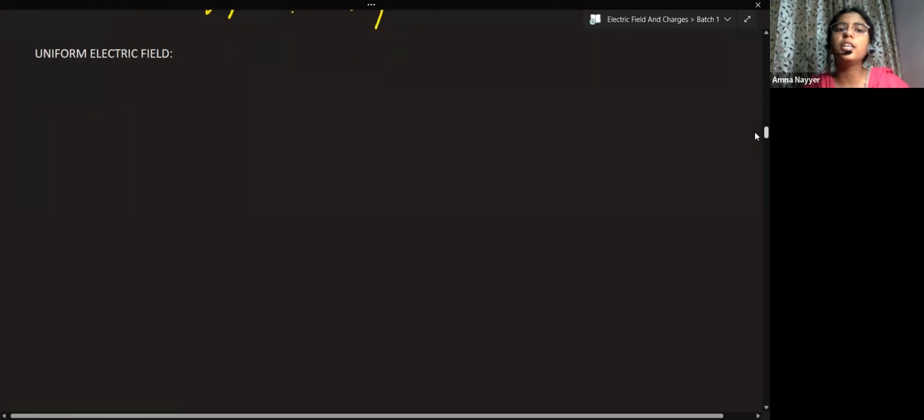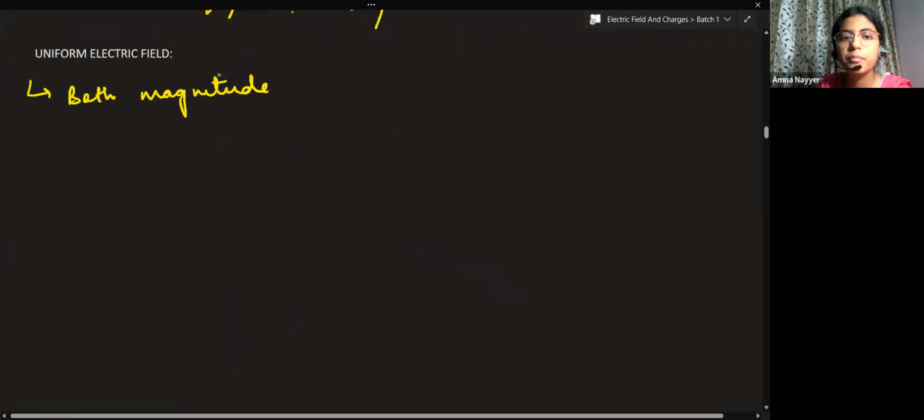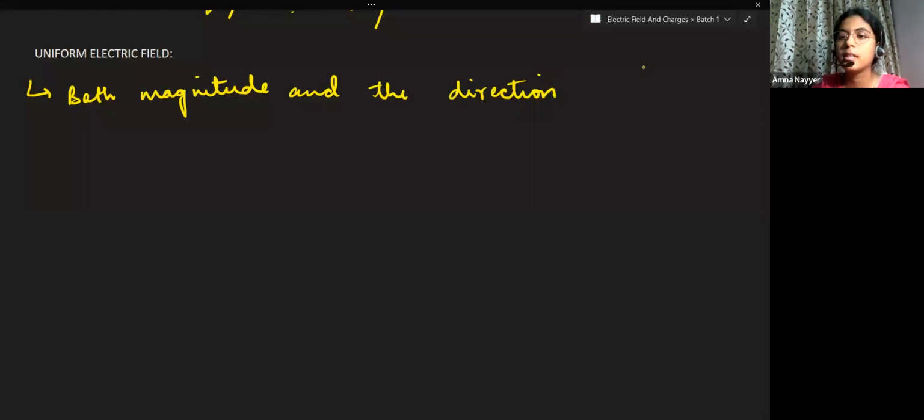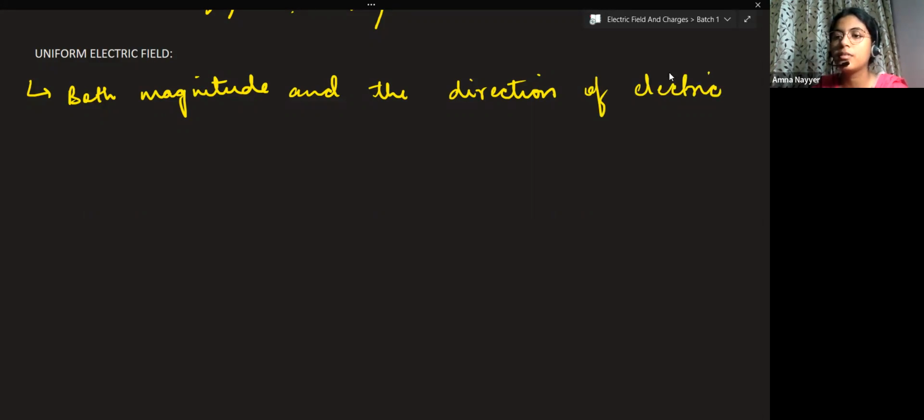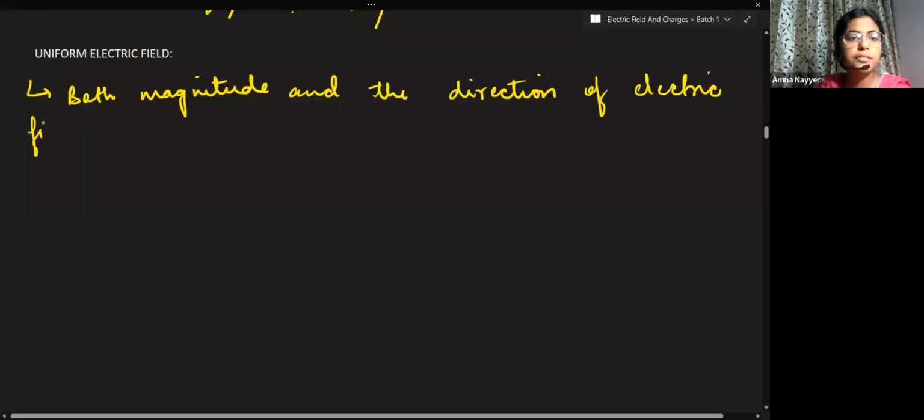One more thing regarding uniform electric field, we have not discussed what is meant by uniform electric field. For a uniform electric field, both the magnitude and the direction of the electric field do not change.